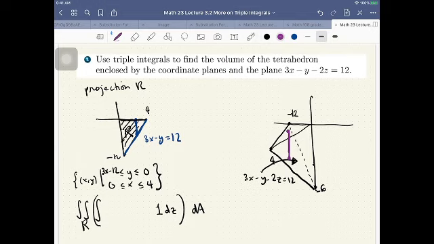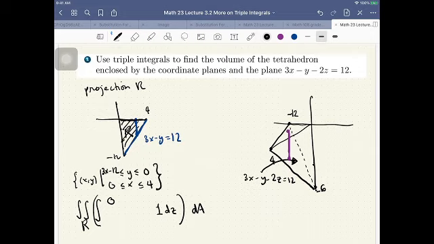The top function, the ceiling function, is the xy plane, which has equation z equals 0, and the floor function is this surface, and you have to isolate z in terms of x and y.